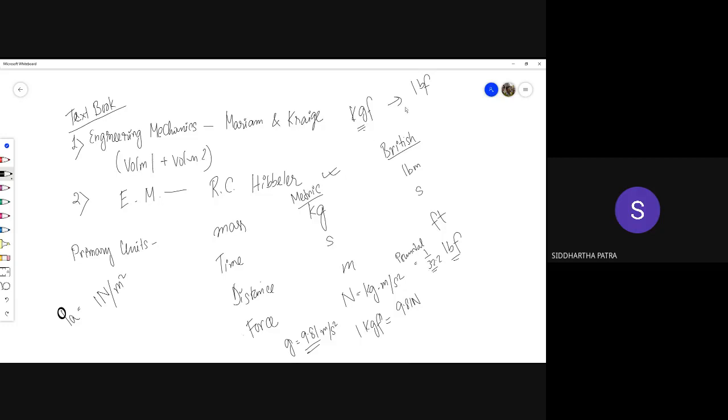So the relationship between kgf and lbf is the same as between these two units of mass. And yes, 1 pound mass is around 450 grams or 0.45 kg. So that works out that kgf is approximately 2.2 lbf.